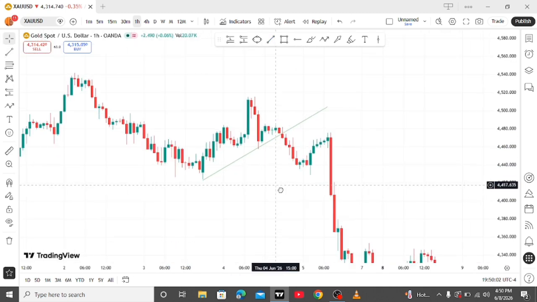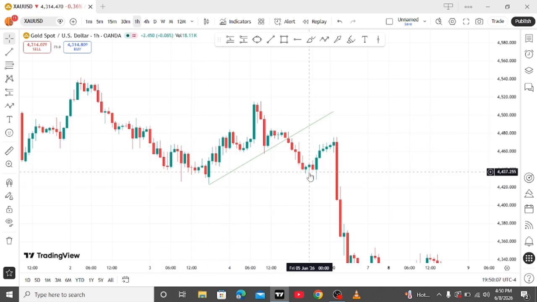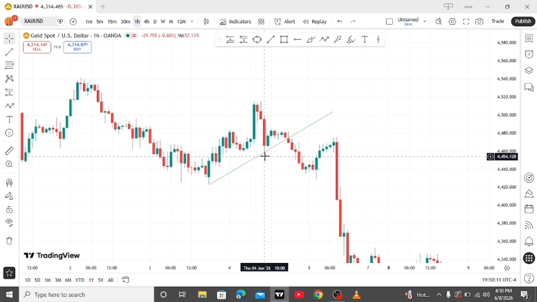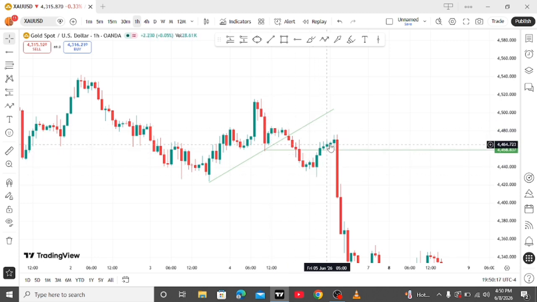As you can see, the market gave us first touch, second touch, broke the trend line, but didn't retest the trend line. But instead, this is a resistance zone which the market broke and then retested the resistance zone and then start moving down.